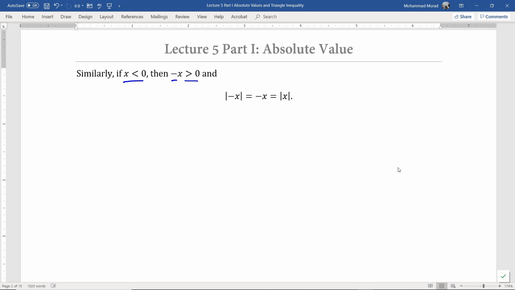Now it follows that the absolute value of negative x is the number itself, since we have negative x is a positive real number. But this is, by definition, the absolute value of x, since x is itself a negative number. This concludes the proof of statement A.